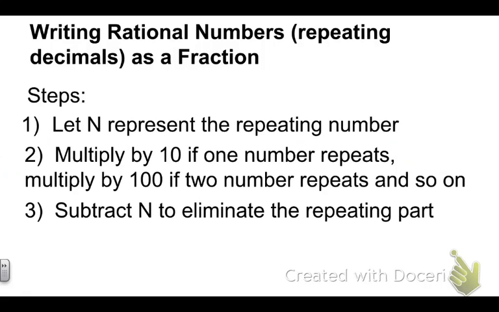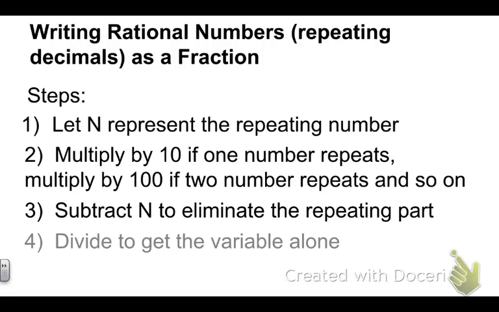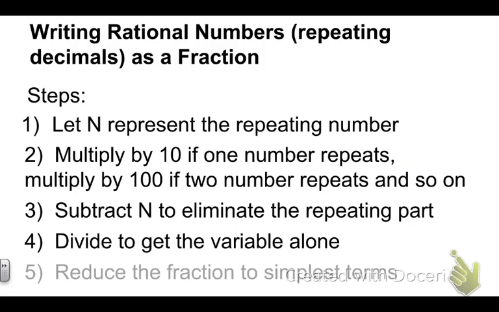Then third, we're going to subtract n to eliminate the repeating part. We're going to get rid of it. And then we're going to divide to get the variable alone. It's a little much, I know that. We'll be practicing this in class. Alright? And then finally, once you've done that, you can reduce the fraction to simplest terms.